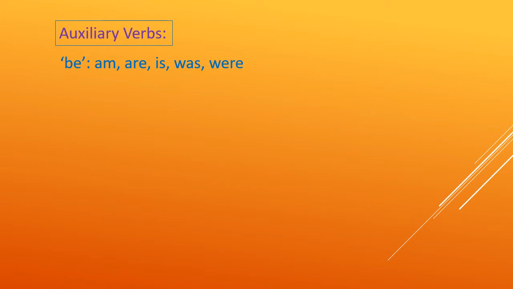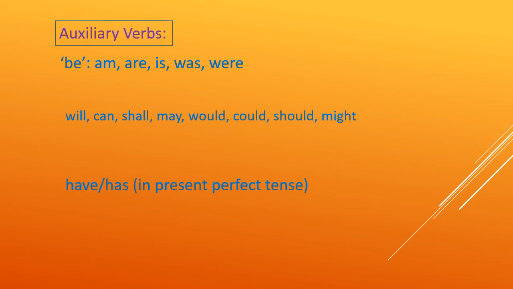So these are called be verbs. The other auxiliary verbs include will, can, shall, may, would, could, should, might. There are more, but we will just stick to these. We also have have or has in present perfect tense.